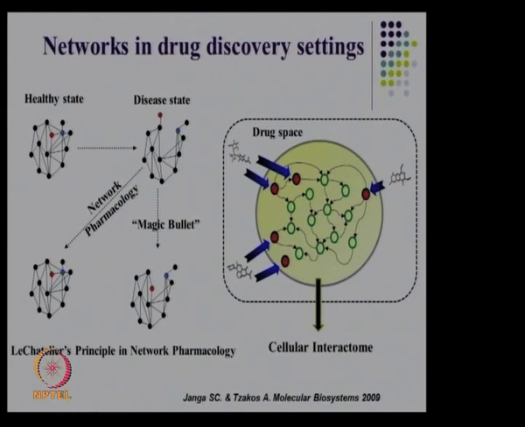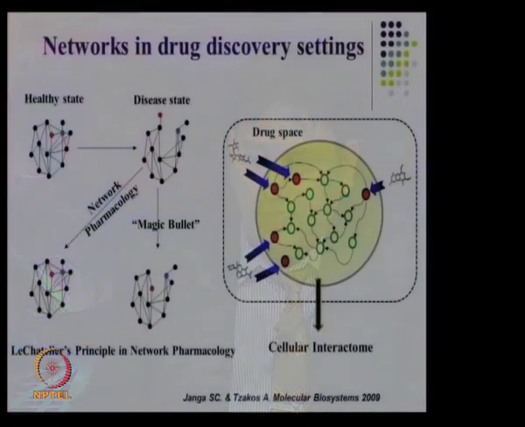To understand this particular idea, let us look at a network representation of how the different entities in the cell are interacting. In the figure to the right, you can see that a number of drugs, each of them can be perturbing different nodes. Now, all of these nodes are actually interconnected to each other because we are looking into the cellular context, and there are protein-protein interactions, there are metabolic interactions, there are also regulatory interactions.